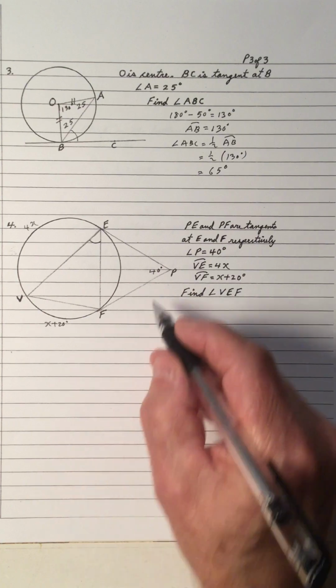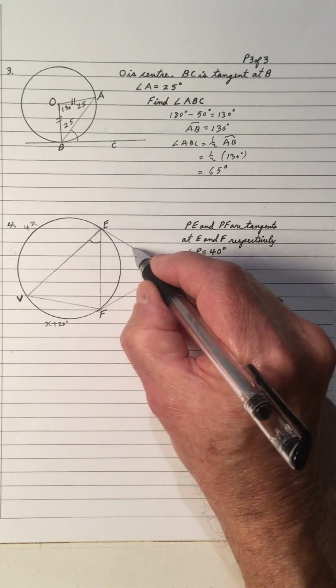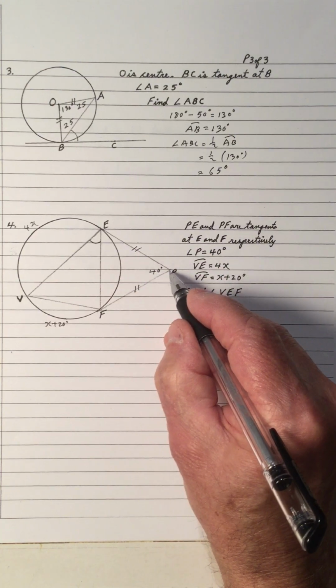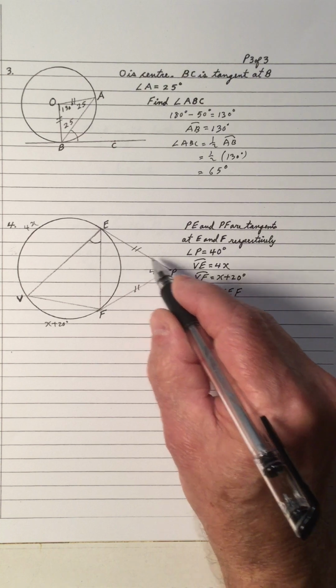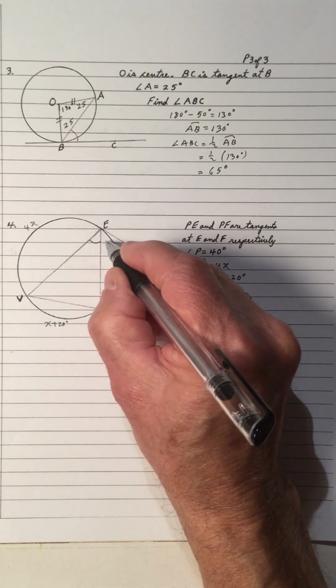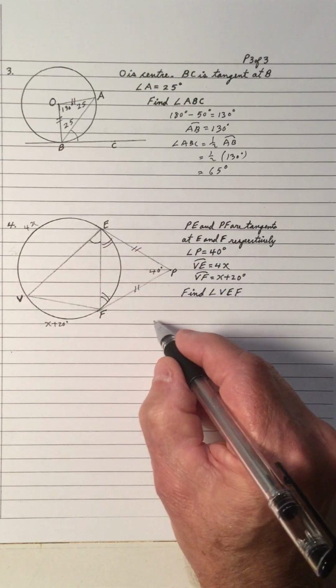So let's see, we have two tangents drawn to the circle. Both of these tangents are equal, because two tangents drawn to a circle from a common point are equal. Because these two are equal, this angle right here and this one are equal.